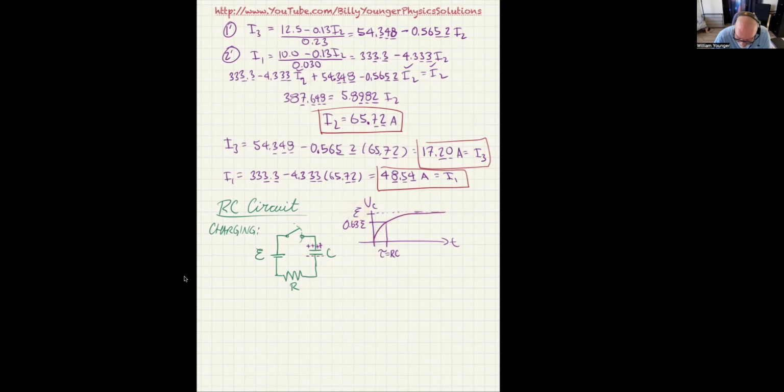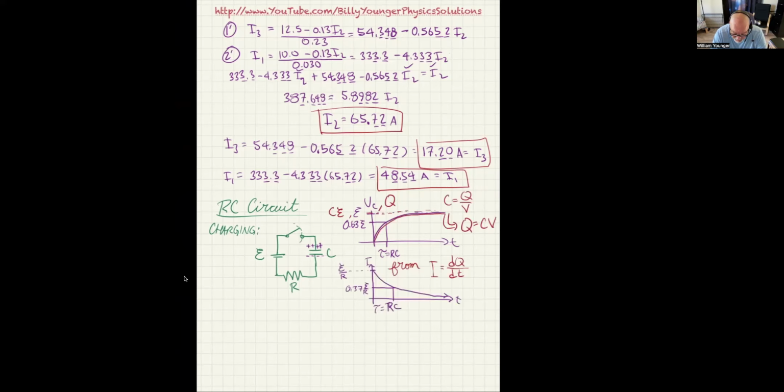In fact, if it obeys the typical exponential curve, we expect that the time constant, RC, will be the amount of time that passes before it goes from 0 volts to 63% of the asymptotic value. You can say that's also how the charge on the capacitor is going to behave. This graph also represents the charge on the capacitor, but instead of E, it would be C times E that it's asymptotically approaching.